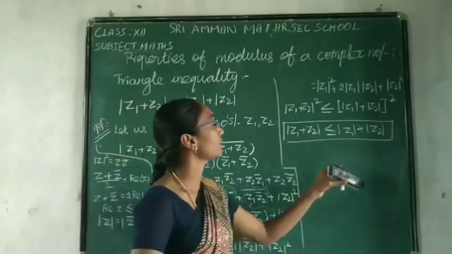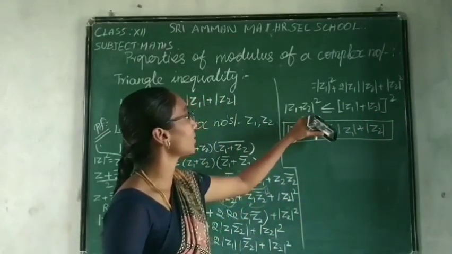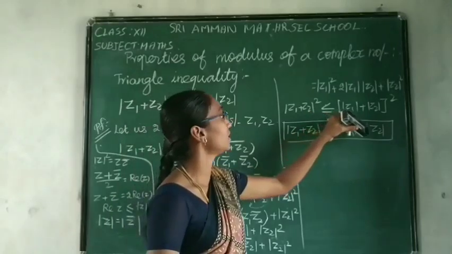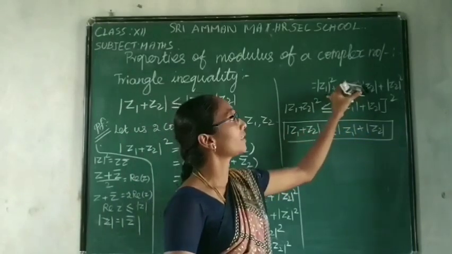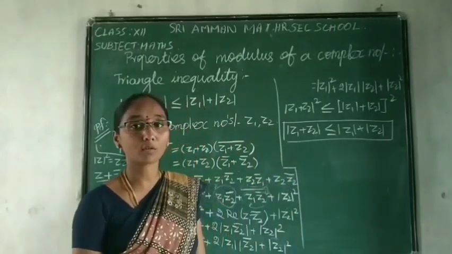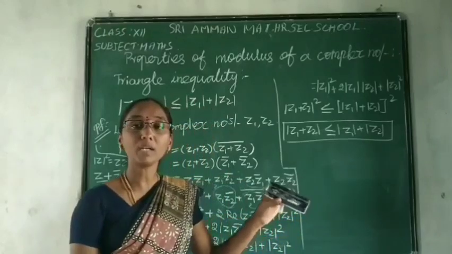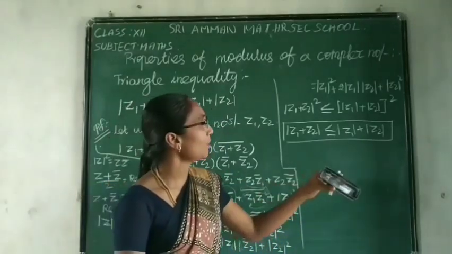So modulus of z1 plus z2 the whole square is less than or equal to a square plus 2ab plus b square. What is the formula? a plus b the whole square. Here a is modulus of z1 and b is modulus of z2.